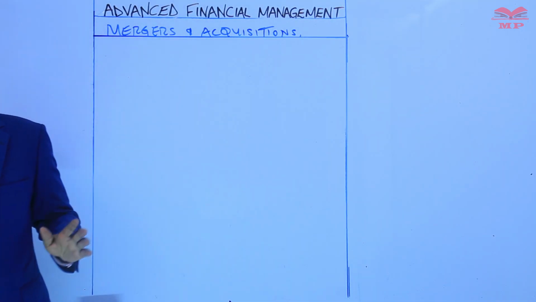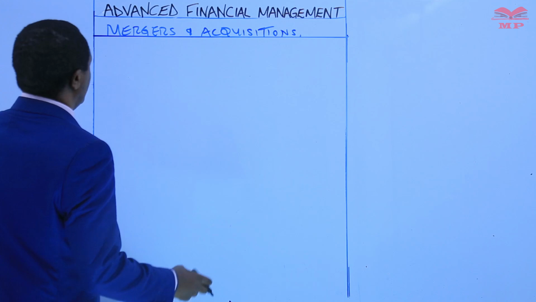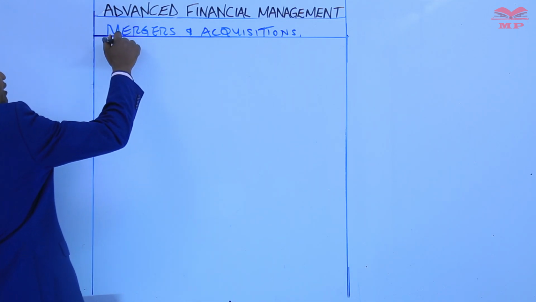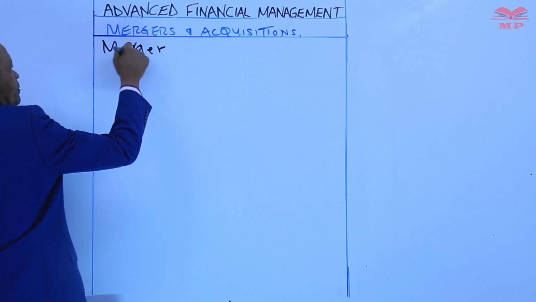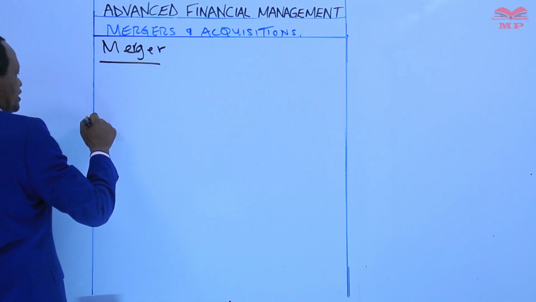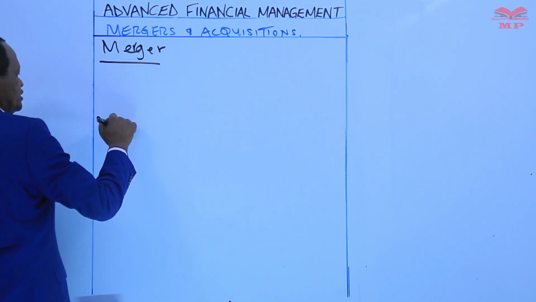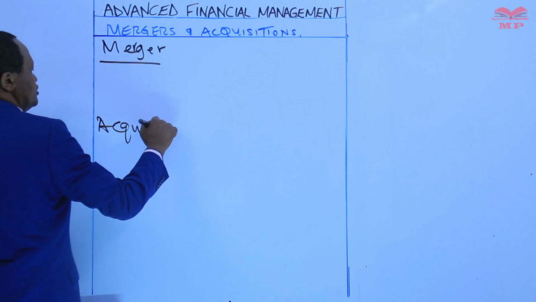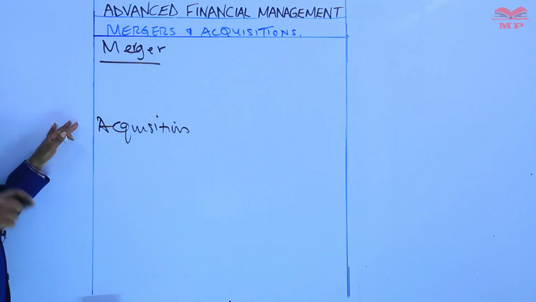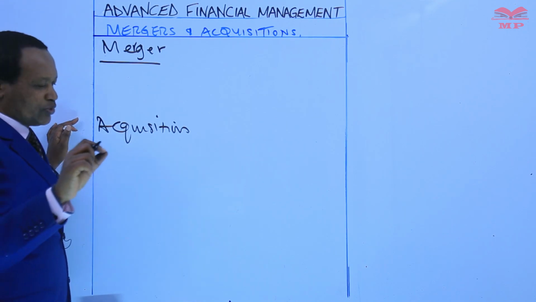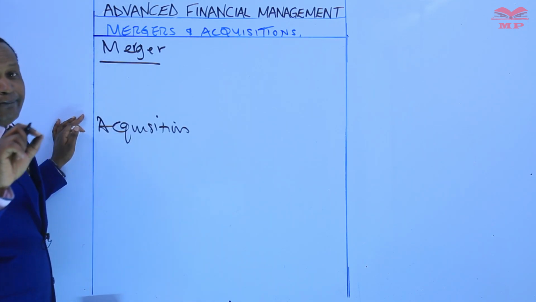Nature of mergers and acquisitions. But first of all, we're going to define the terms merger, then we define acquisitions. These are two terms, mergers and acquisitions. What is a merger?